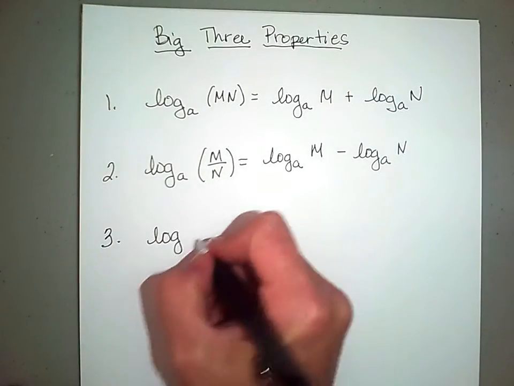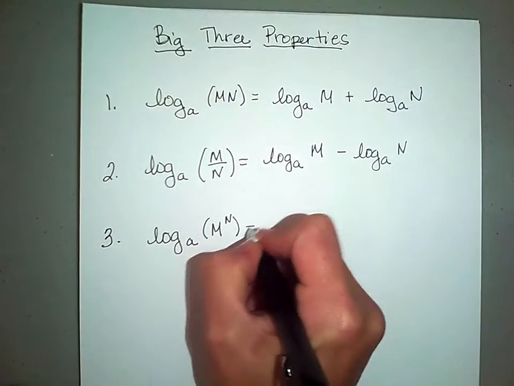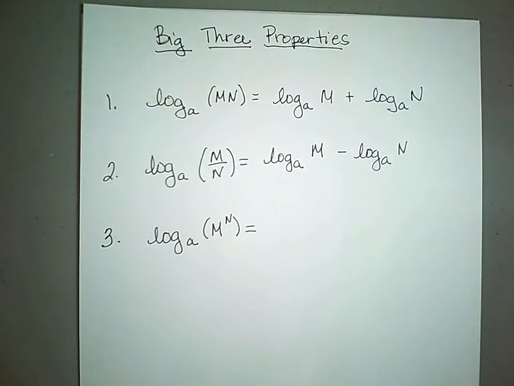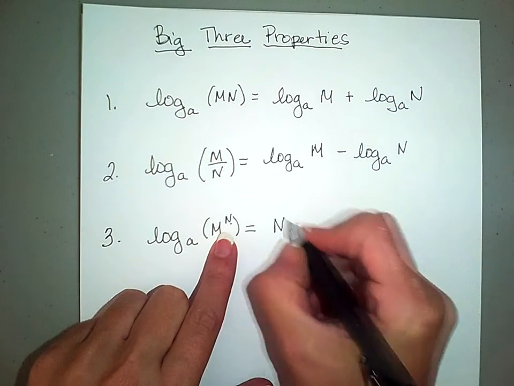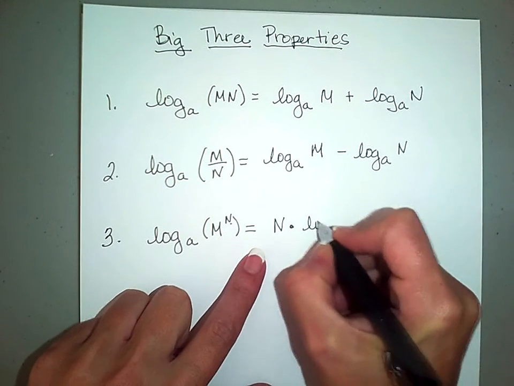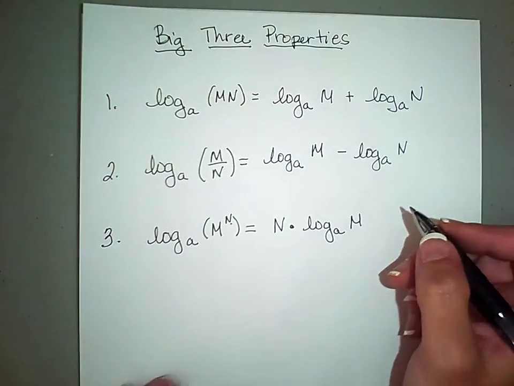Number three, let's say we have the log base a of m raised to the n. What this rule allows us to do is take this power and bring it outside and multiply now by just the log base a of m.